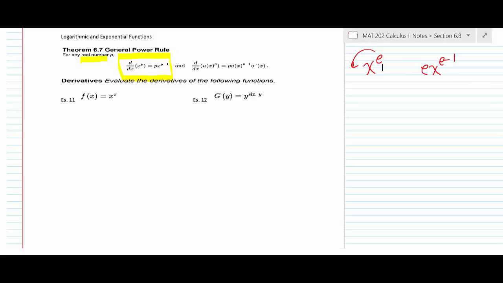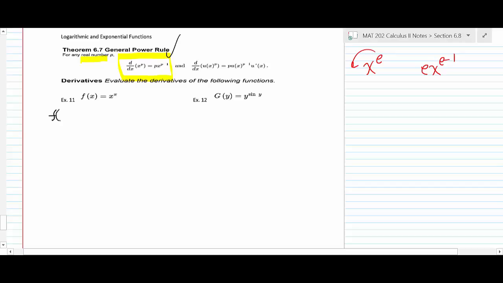So what I'm going to do on this first one, now the answer to example 11 you can do in your head and be done in 2 or 3 seconds, but I'm going to try to give you an idea of the why part on this. So I'm going to do this the long way first, and then we'll talk about how you would do that with the quick rule. Then I'll go back and derive this rule for you and show you where that comes from.